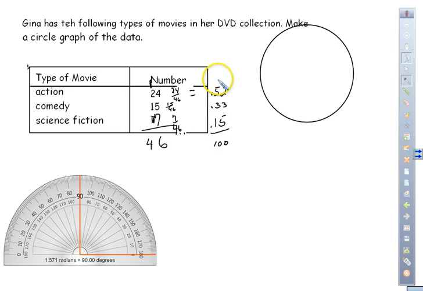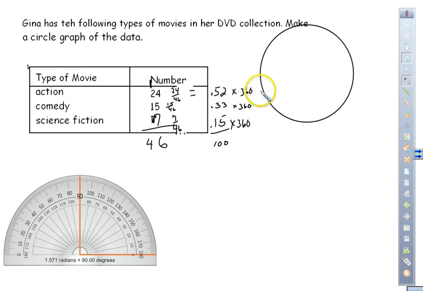So now we've got to find out what 52% of, meaning times, 360 is. Always have to multiply it by 360, because that's going to give us the actual number that we need for our protractor. In this case, it's greater than 180 since it's greater than 50%.